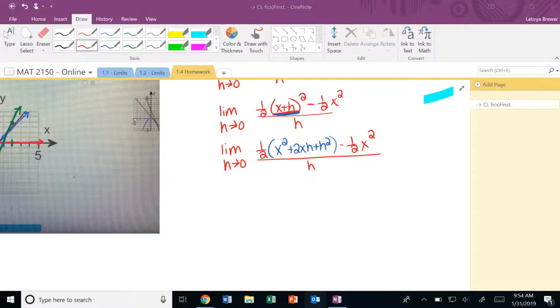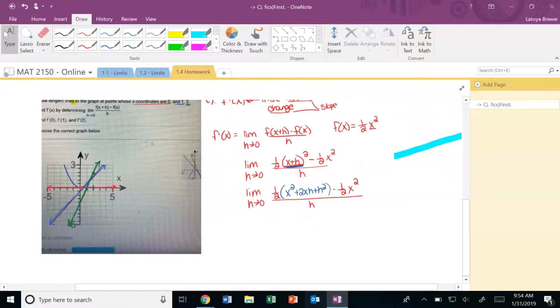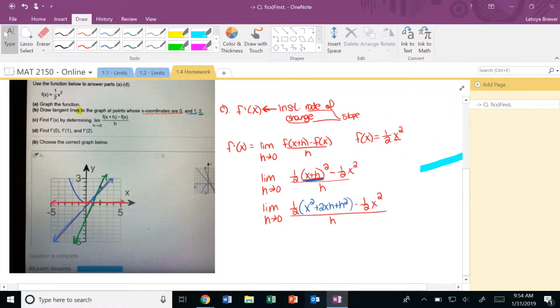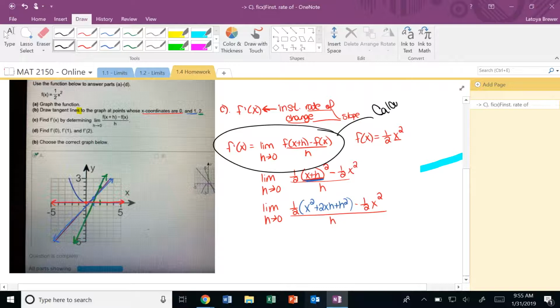And I want to make a point here. Let me see if I can zoom out just a little bit. So I've done all of this so far, right? This first piece here, that is the calculus. Everything else from here on out is algebra.